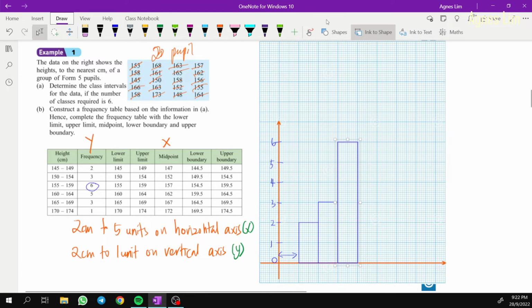And followed by 5. Next, second last is 3. And our last frequency in our last class is 1.